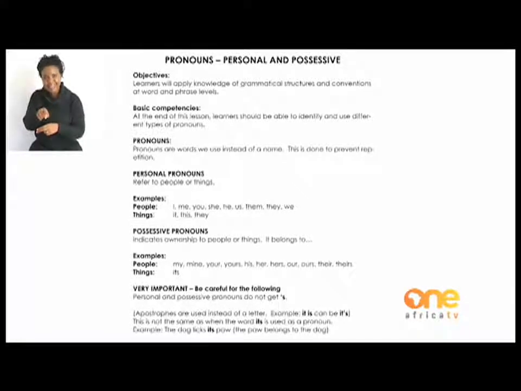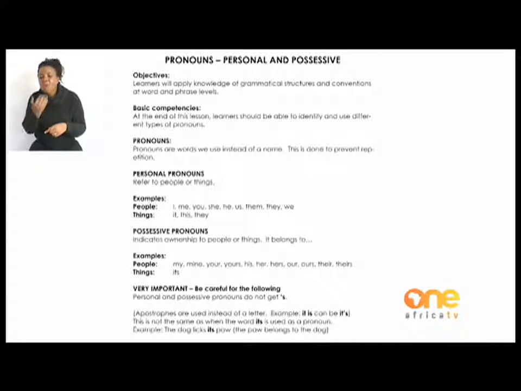Moving on, we are going to move on to possessive pronoun. What is a possessive pronoun, Chanel? A possessive pronoun indicates ownership. What does that mean? It shows that something belongs to someone or something belongs to a thing.